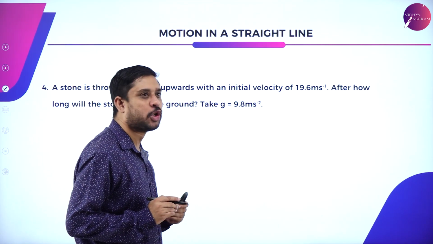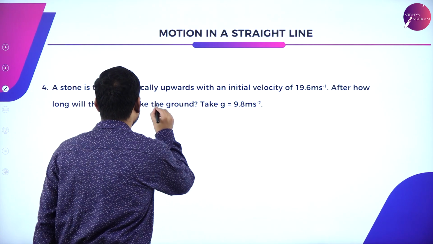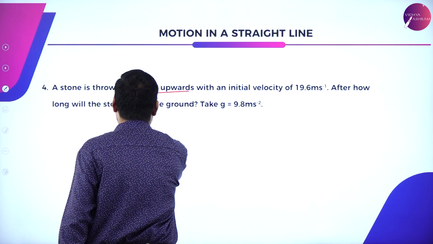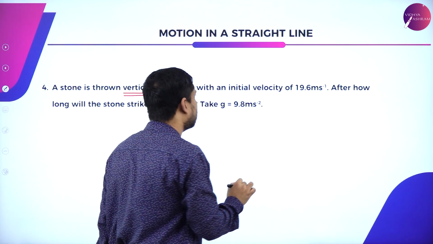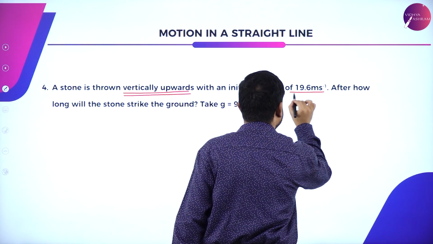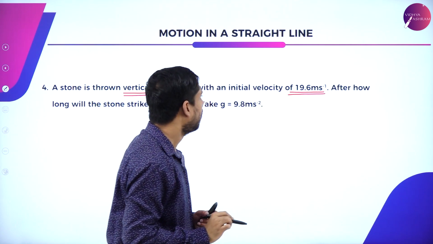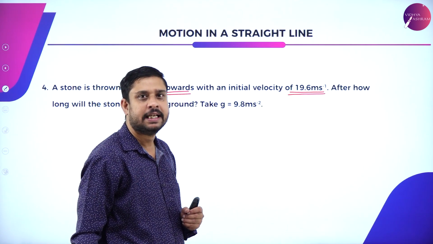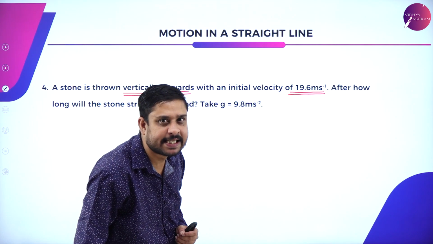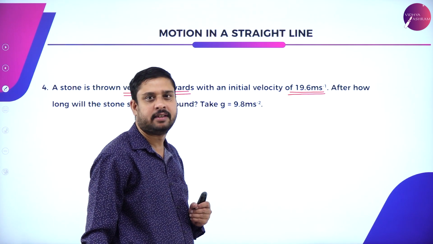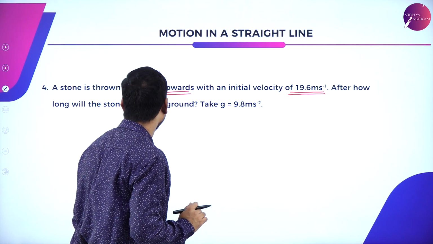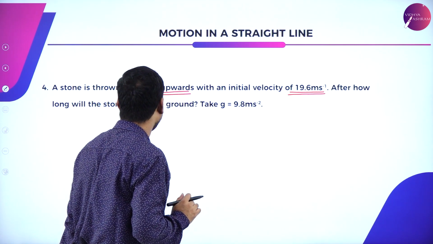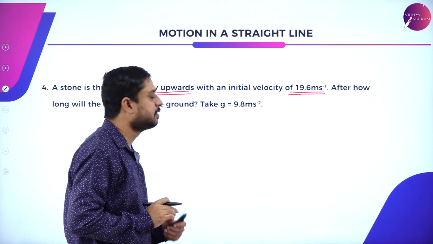A stone is thrown vertically upwards with an initial velocity of 19.6 meter per second. After how long will the stone strike the ground?